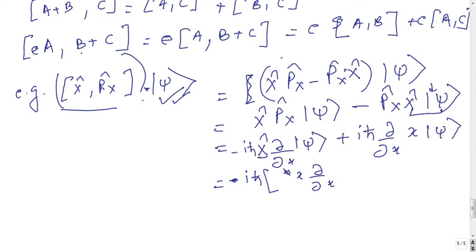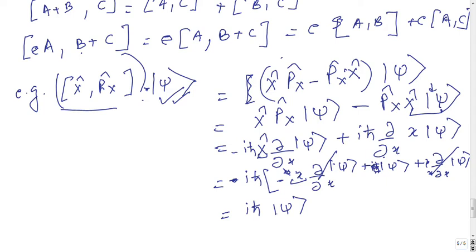Note I have replaced it by this small x, the variable x, and this would be xi x plus the x times del x. This term is negative and both of these terms cancel out, and this would be the remaining term.